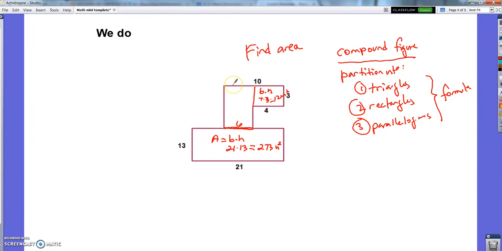Height. Let's see if we can figure out the height here. I don't see 3, 13. Where is this? I don't know if I have enough information. Do I have enough information to find this piece here is what I need?